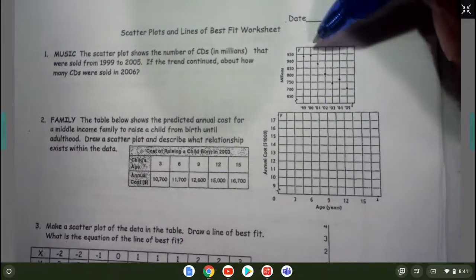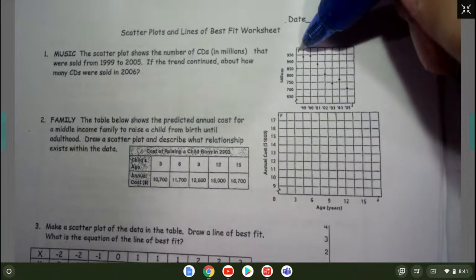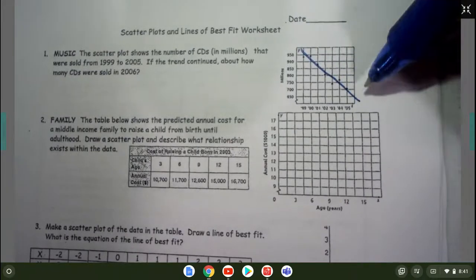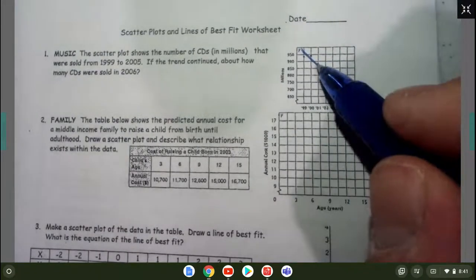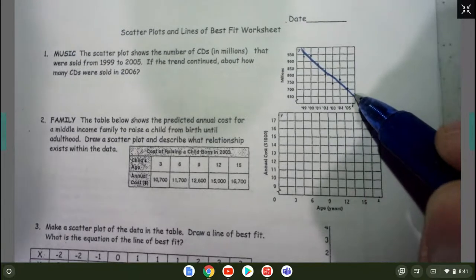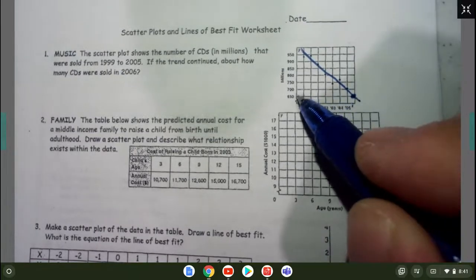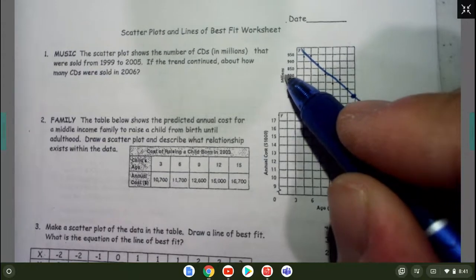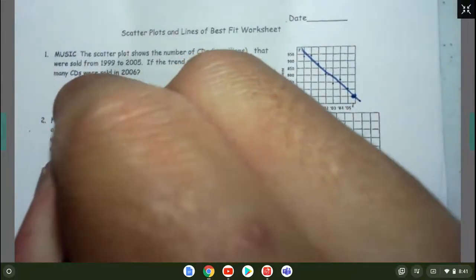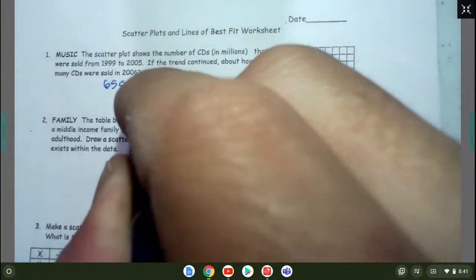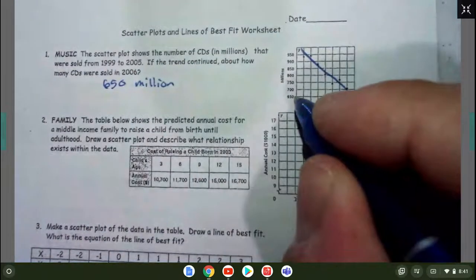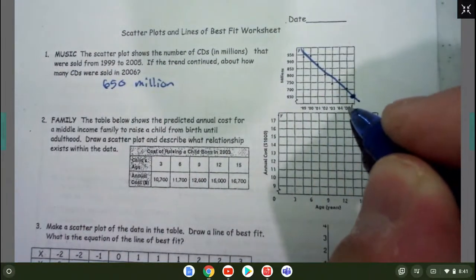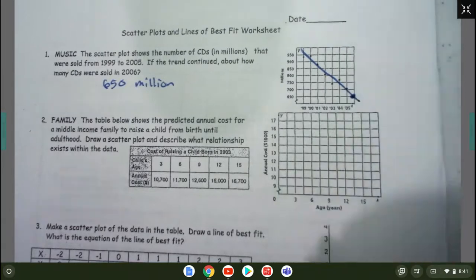We're looking for a trend line here, or a line of best fit, to figure out how many there would be in 2006. If I have my line here, it looks to me like 06 is right around 650. Is that million? Yeah, that's in millions. So about 650 million. And that's right here. That's 05, so that's 06.